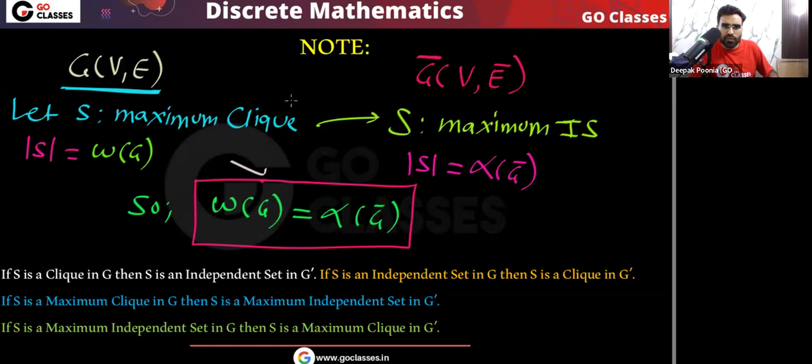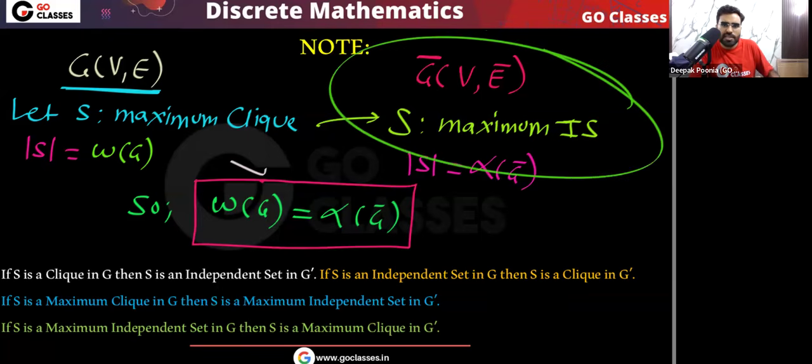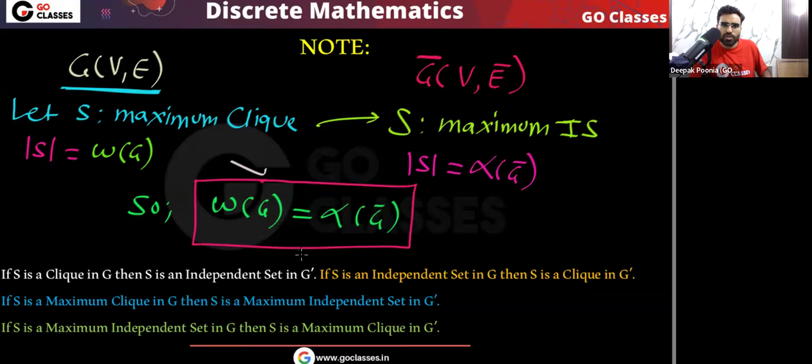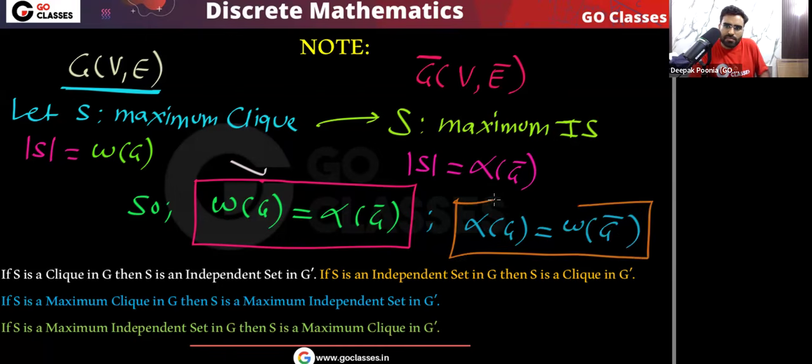Similarly, alpha of G, the size of the largest independent set in G, is the same as the size of the largest clique in G complement. Very simple, I hope you understood.